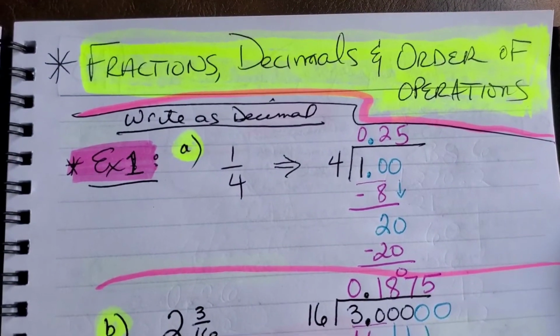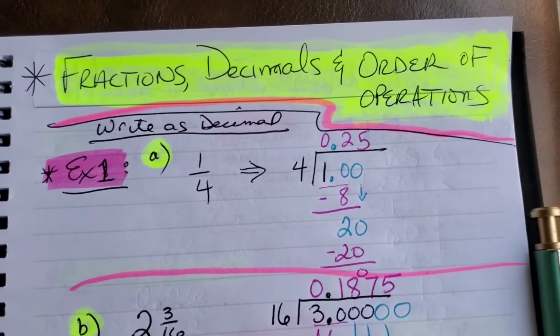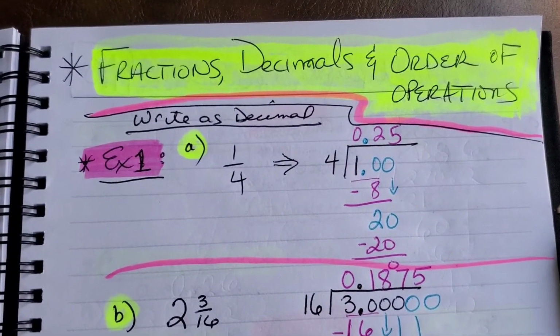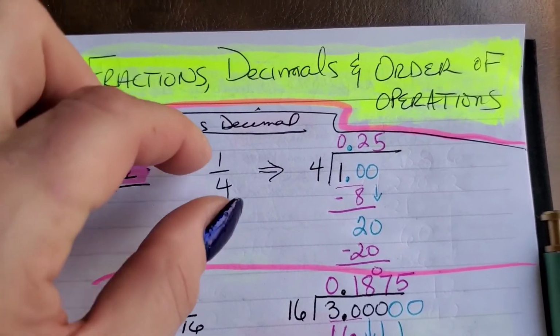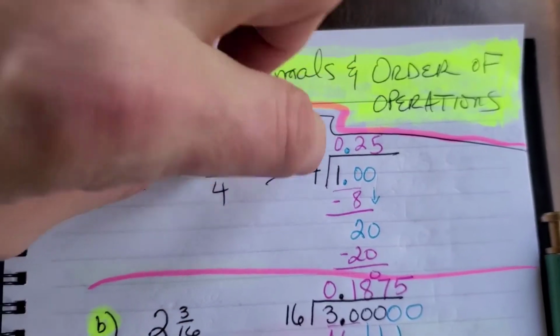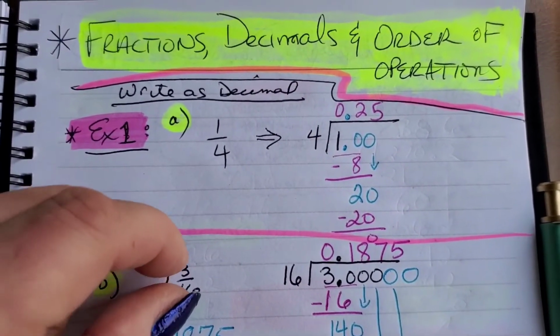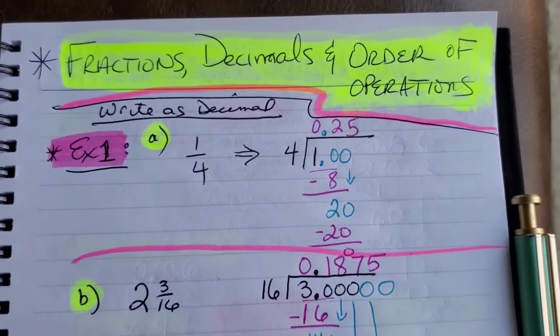Now we have different definitions that go along with it, dividend, divisor, but I'm not going to go through that. I'm really worried about the process and what you're doing. So make sure you're always tipping these fractions over. Notice with the 3/16, same thing, right? The 3 tips down and goes under, and the 16 is what is being divided in.